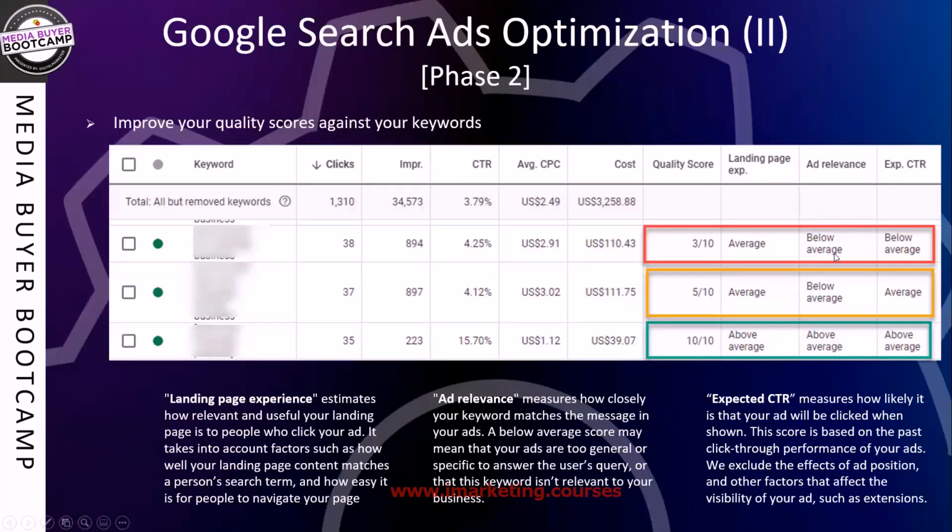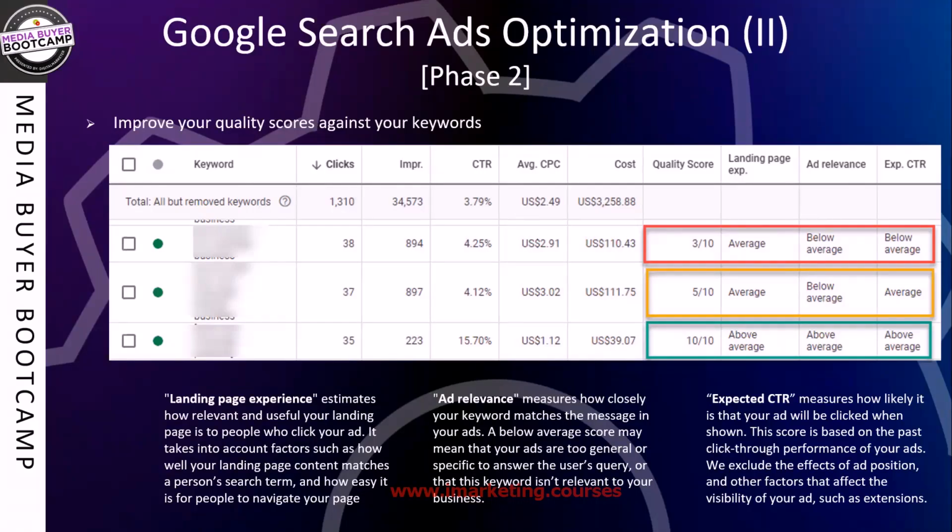What that means is that the actual keyword the user is typing is not included in the text ad itself. You should try to include the keyword as much as you can within the ad itself.